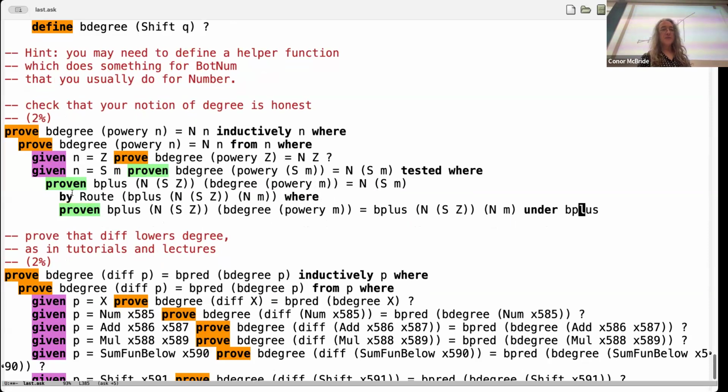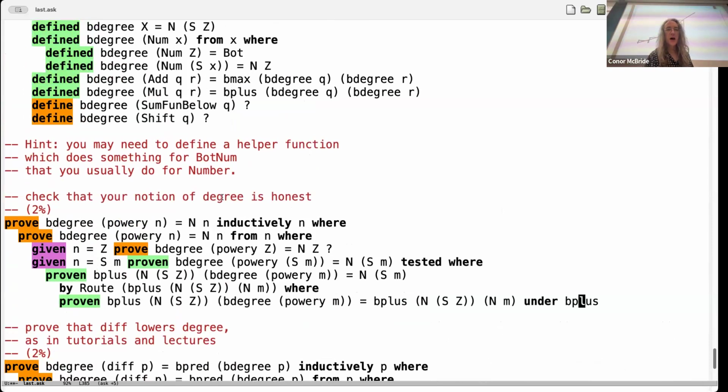So it's only when we do this under B plus that the induction hypothesis actually kicks in. But I was happy to award the credit if people showed intent by choosing a sensible route. But lots of people just didn't get there.